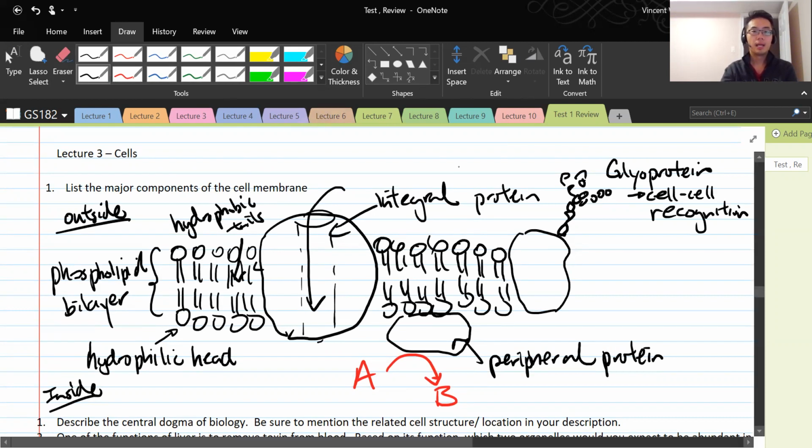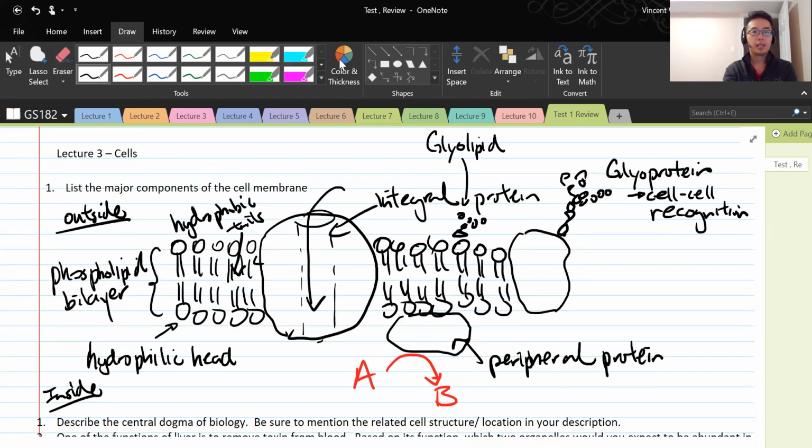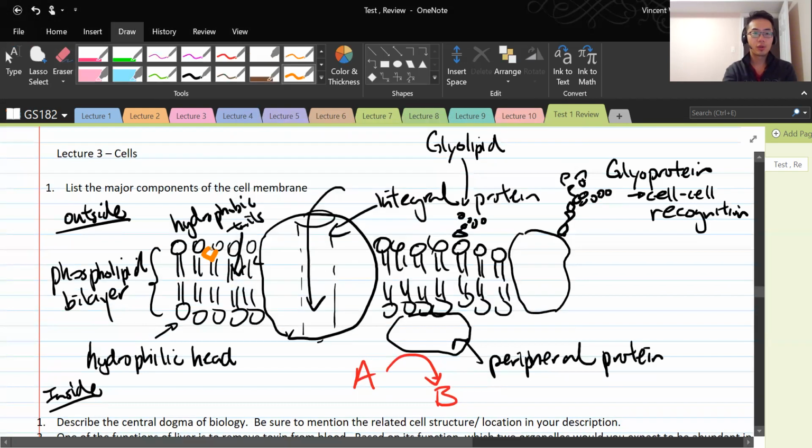And then sometimes you will have glycolipids. You would have a lipid here with sugar on it. Glycolipids are also useful for cell signaling or cell recognition. And you will also have some cholesterol here and there.